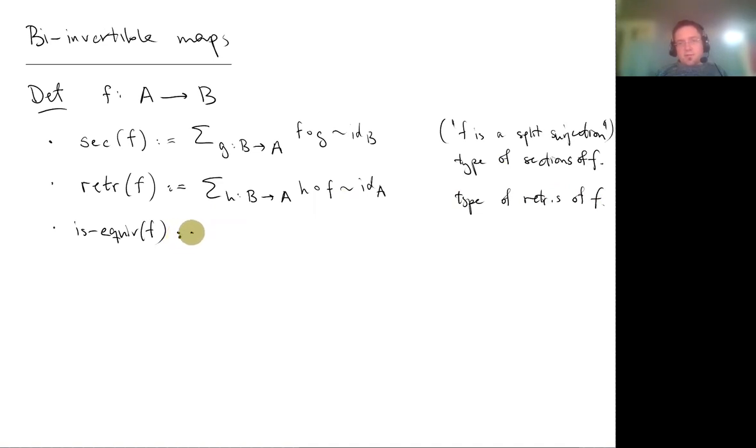So what we've been waiting for, what it means to be an equivalence, is simply that you have both. You have a section and you have a retraction. Another way of saying it is that f is bi-invertible.